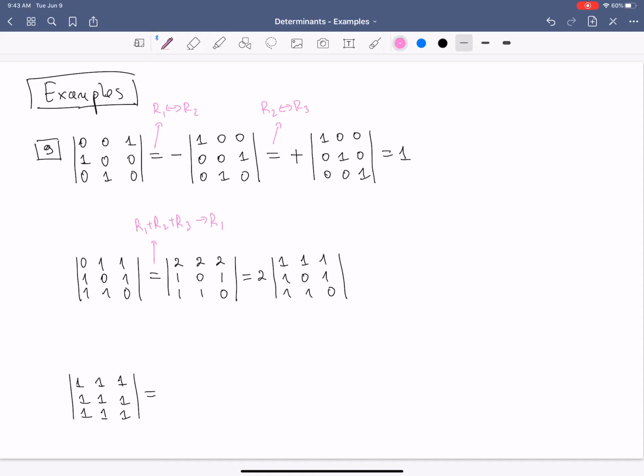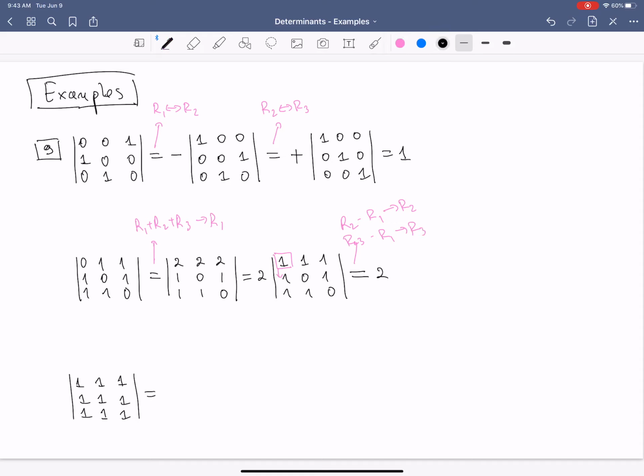And now I can carry out elimination. I can eliminate with this first pivot, and I know that my determinant will not change. So the operations will be R2 minus R1 into R2 and R3 minus R1 into R3.